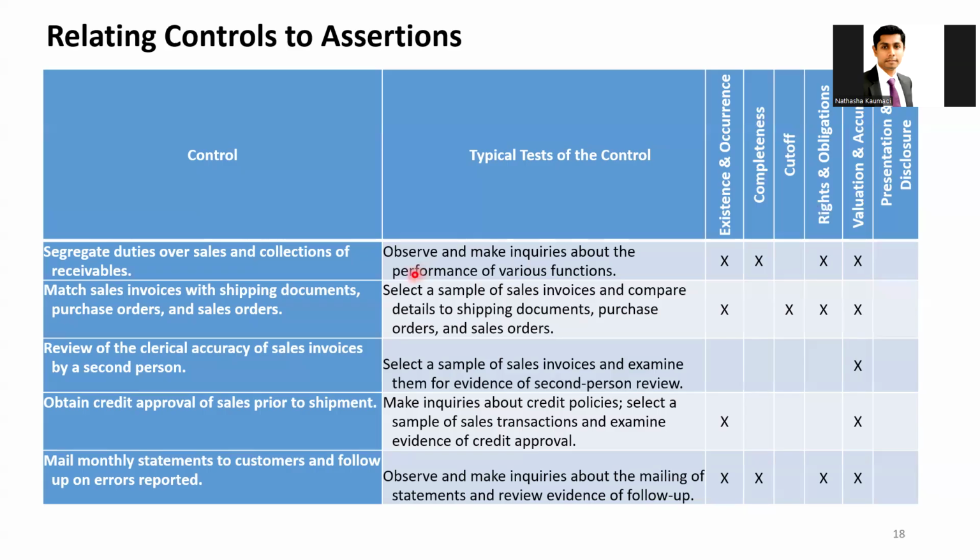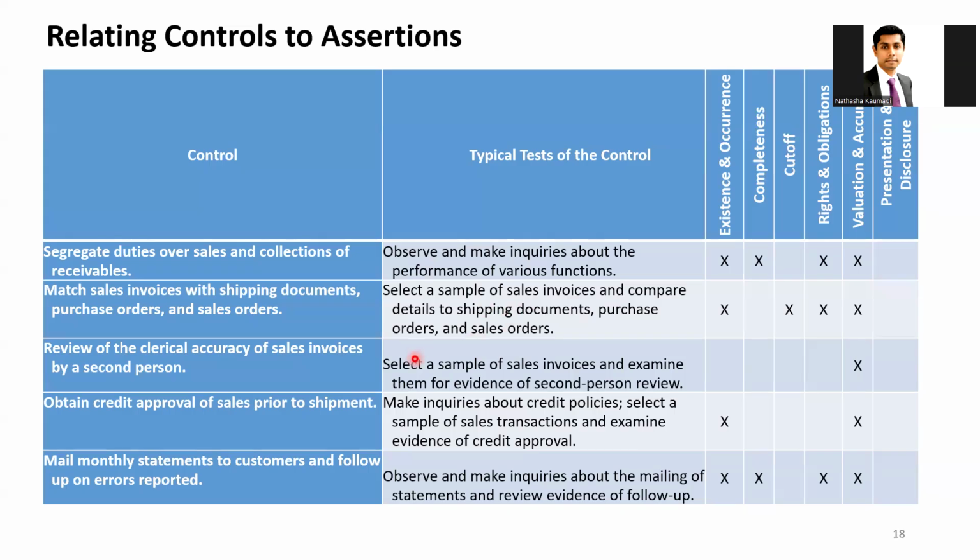And then when you go to the second control, match sales invoices with the shipping documents, purchase orders, and sales orders. That is why it is three-way matching, where the customer's documents are matched. So how are we going to test the control? Select a sample of sales invoices and compare details to shipping documents, purchase orders, and sales orders.